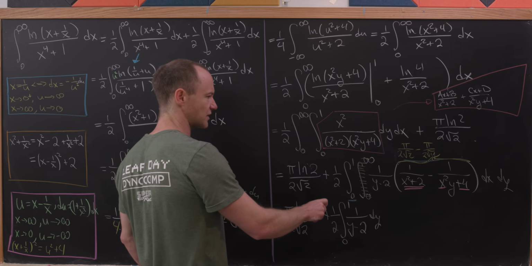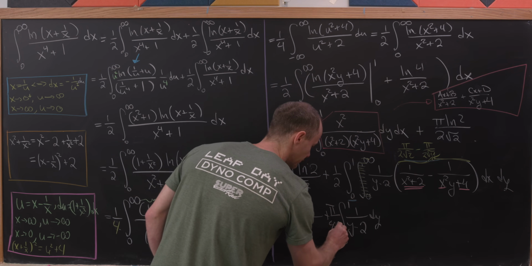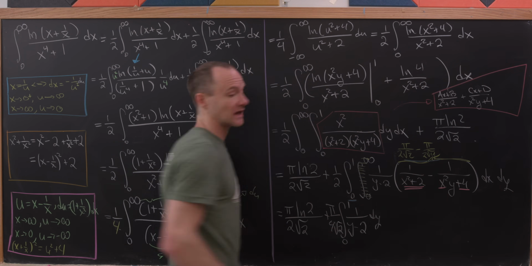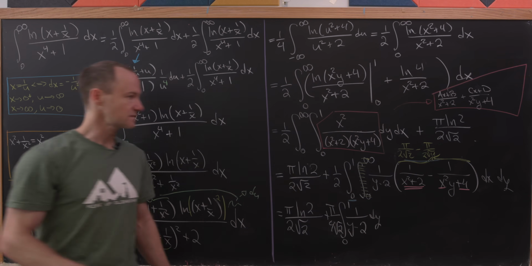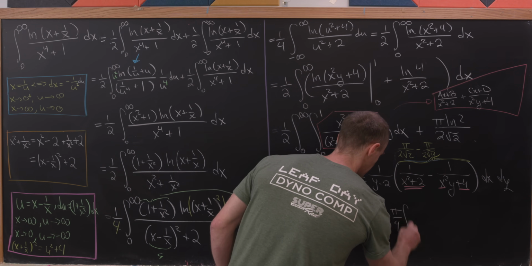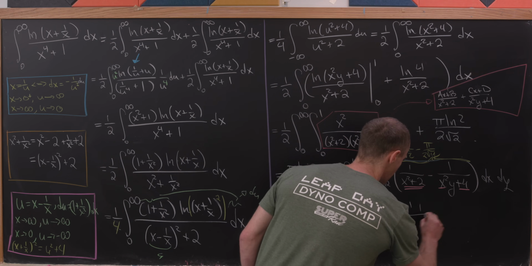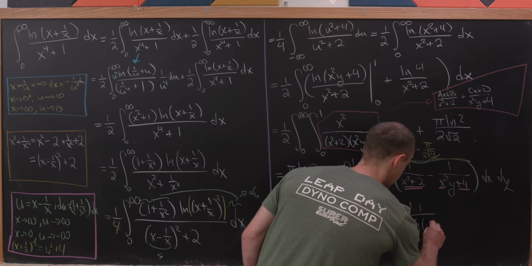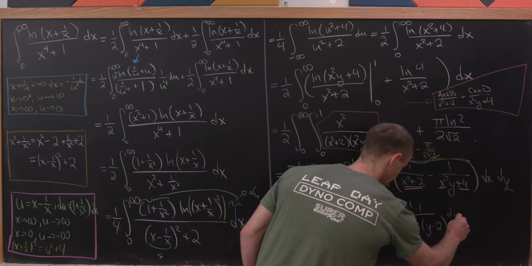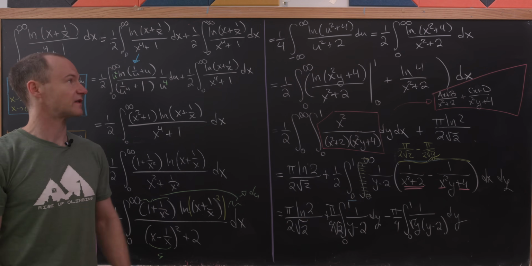Oh, and I missed some terms here. That should be pi and then a 4 root 2 from the constant that's out there. And then I'll have minus pi over 4, and then the integral from 0 to 1 of 1 over the square root of y times y minus 2 dy. So we're left with something like that.